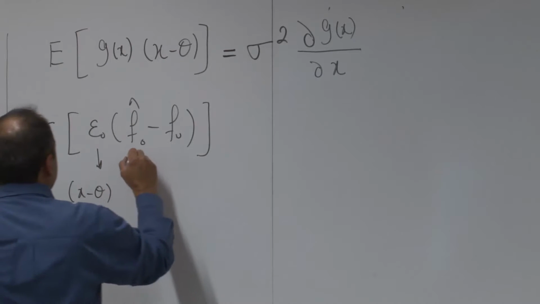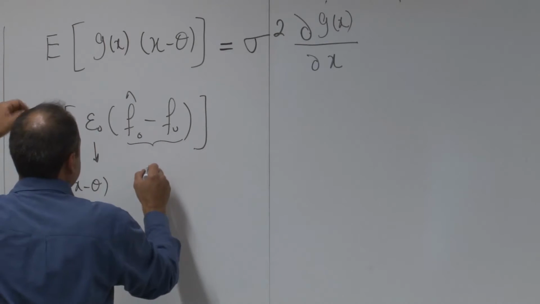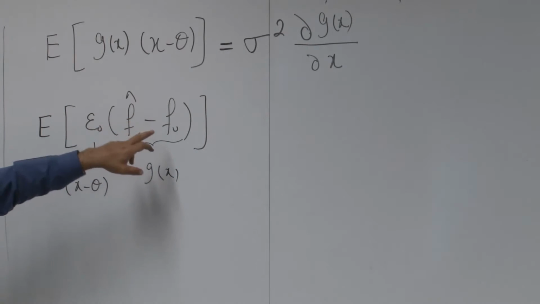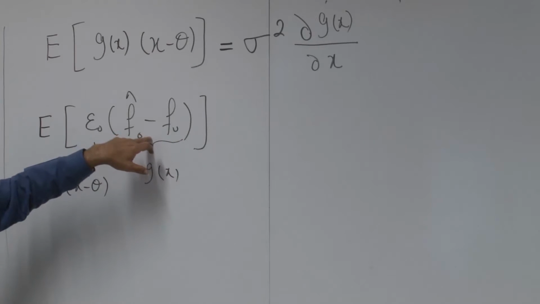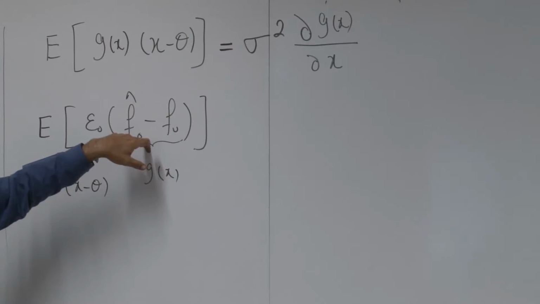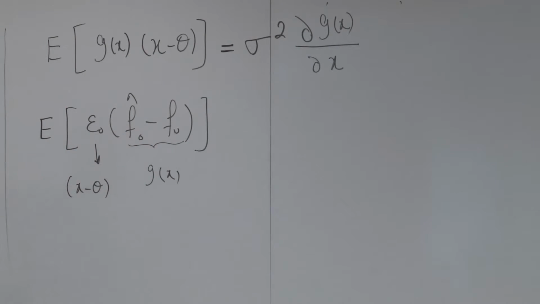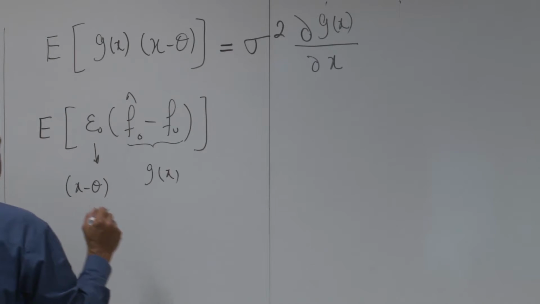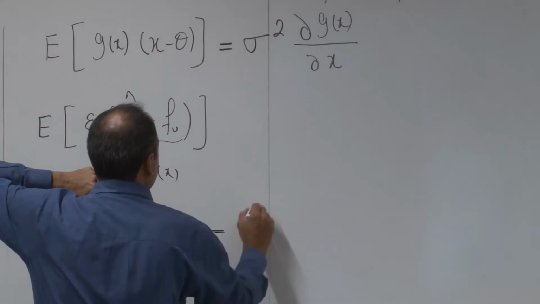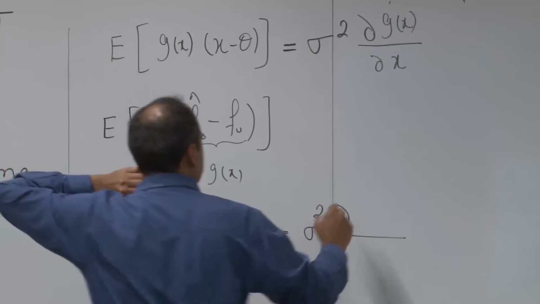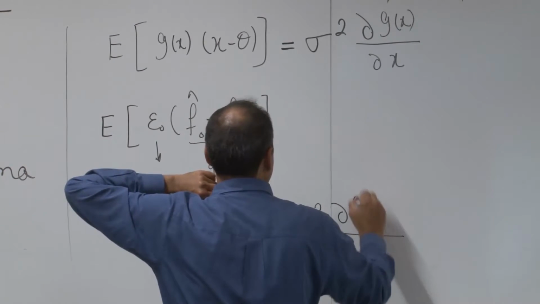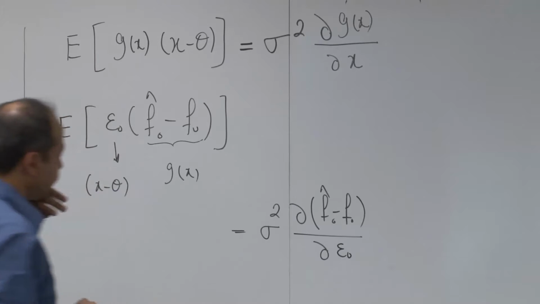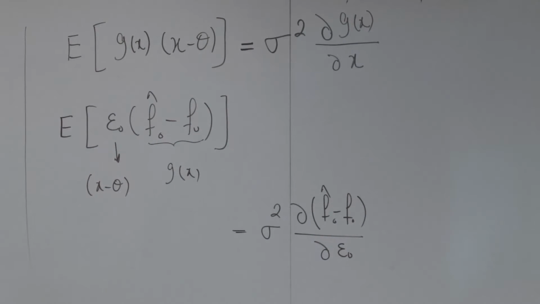And this is like g(x), a function of epsilon. Because f is not a function of epsilon, but f hat is. If I change epsilon, f hat will change. So I can apply Stein's lemma here, and this is going to be equal to sigma squared times the derivative of g, which is f hat minus f, with respect to epsilon. Okay.